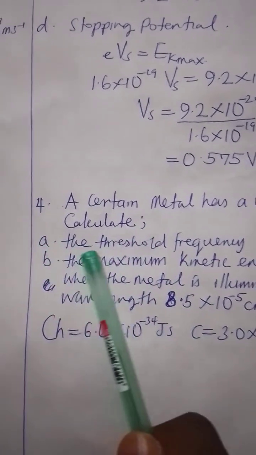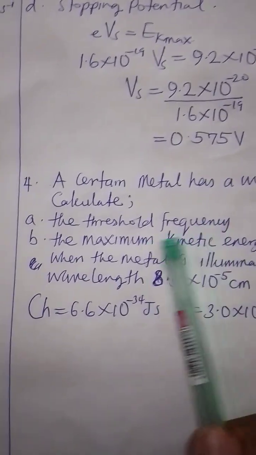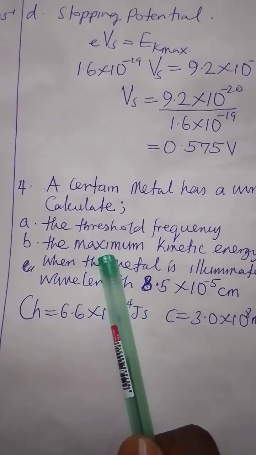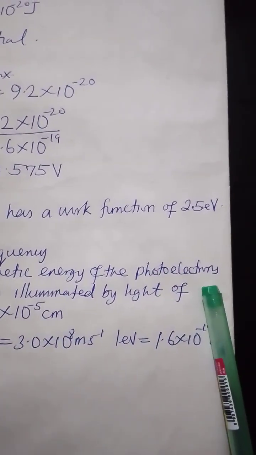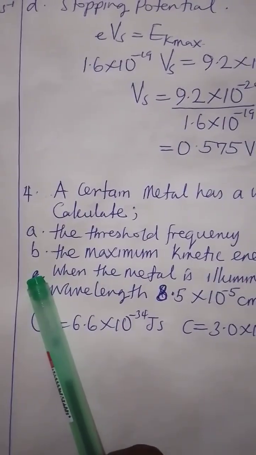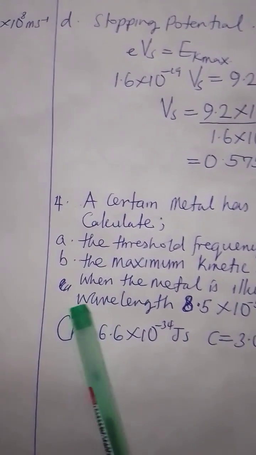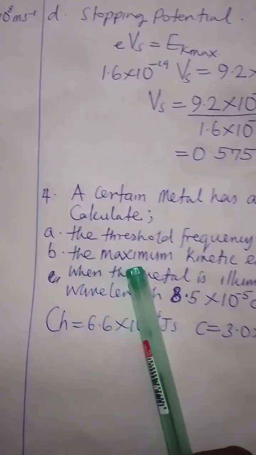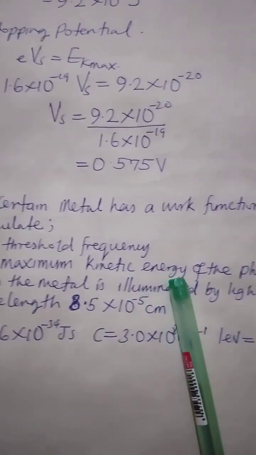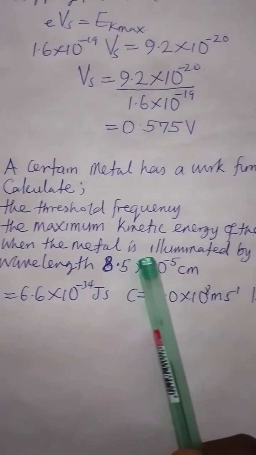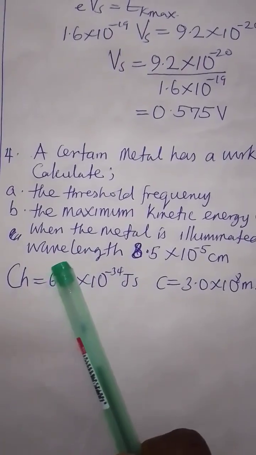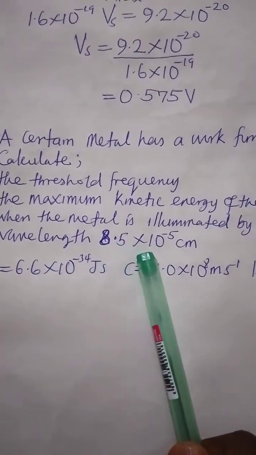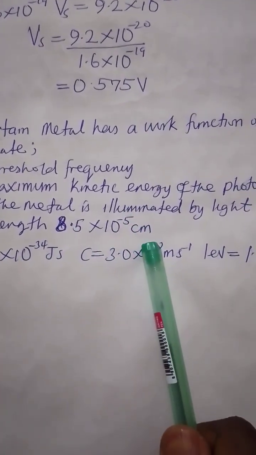Calculate A, the threshold frequency, B, the maximum kinetic energy of the photoelectrons when the metal is illuminated by light of wavelength 8.5 times 10 to the power minus 5 centimeter.